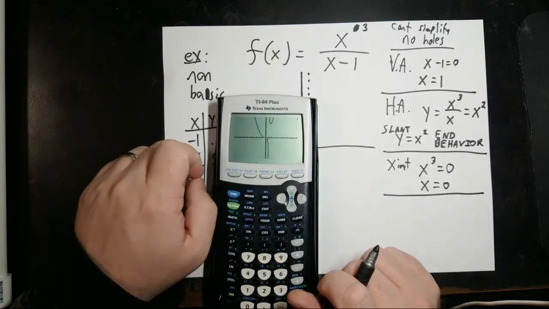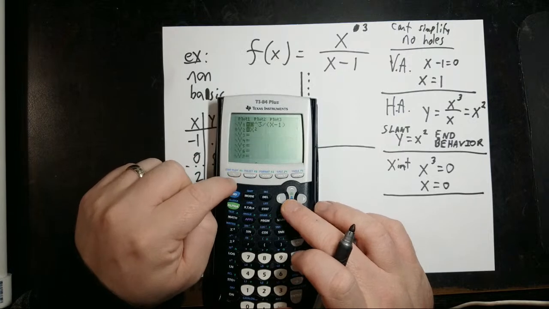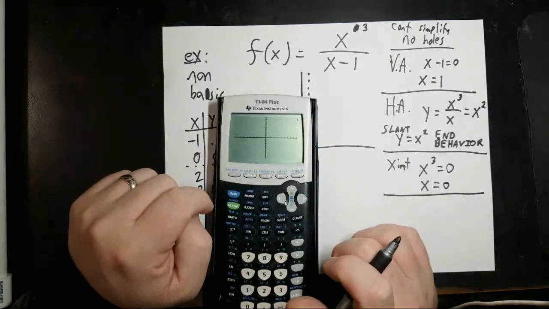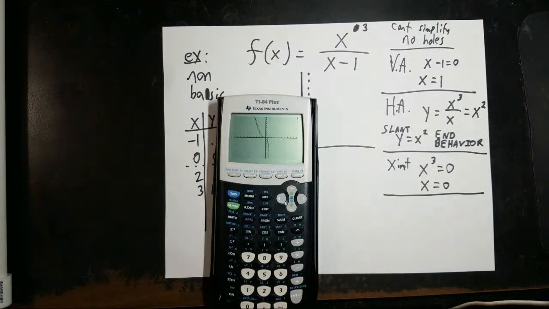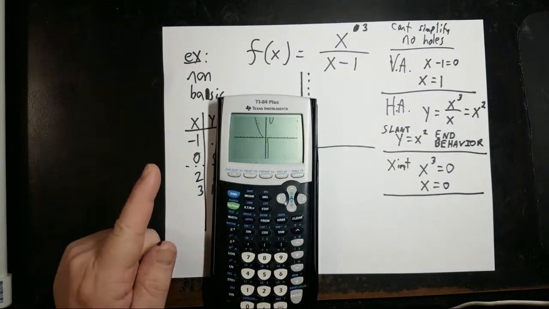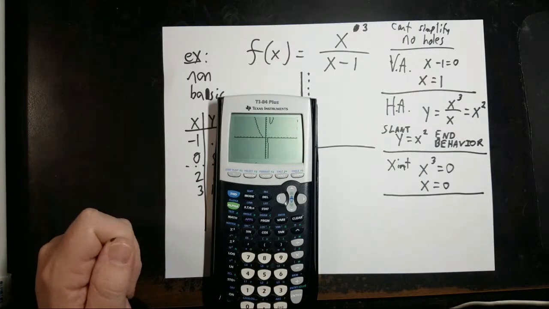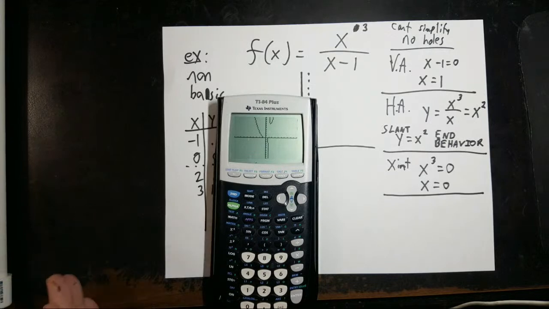Look at that. I'll do it again. It's going to graph it again. Here comes the first one. Here comes the second one. That circle is indicating the end behavior, from the far left to the far right, of what this graph is looking like.